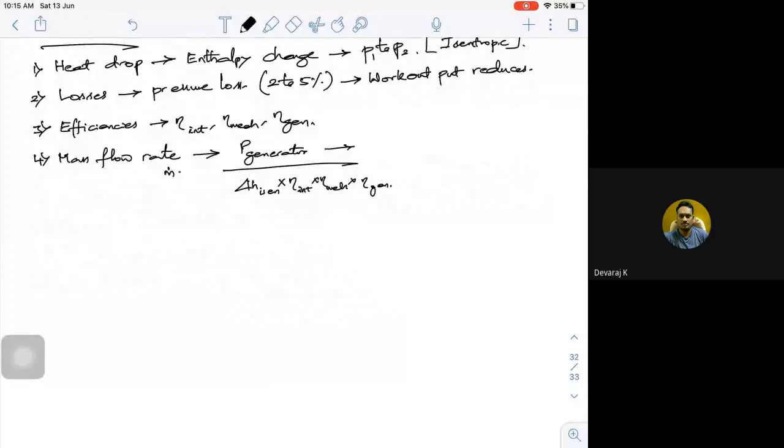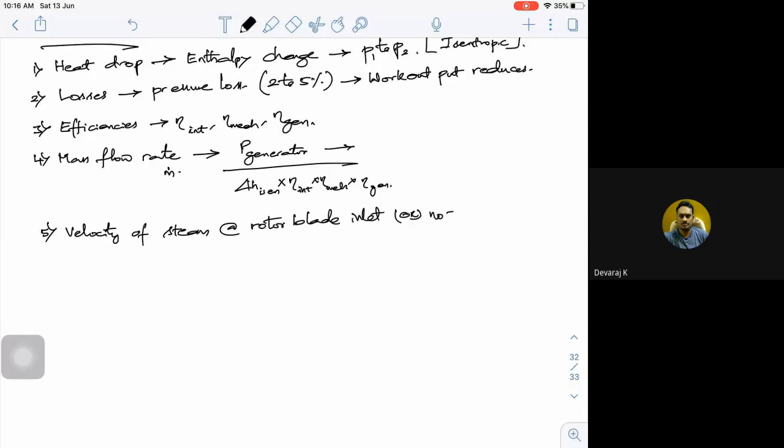Now, sometimes I need to calculate, if I know the actual enthalpy drop, from that I can calculate the velocity of the nozzle, that is, the velocity of the steam at rotor blade inlet or nozzle exit.